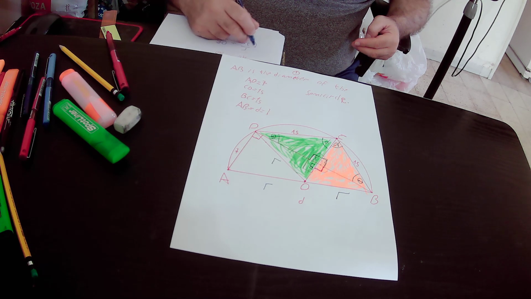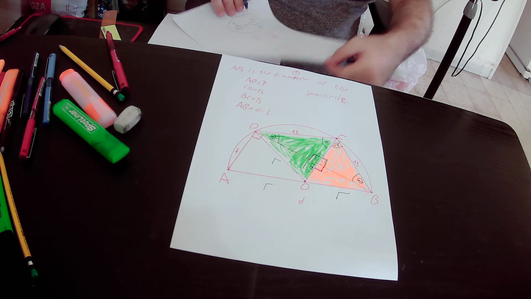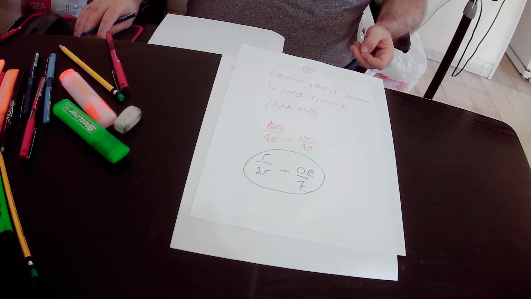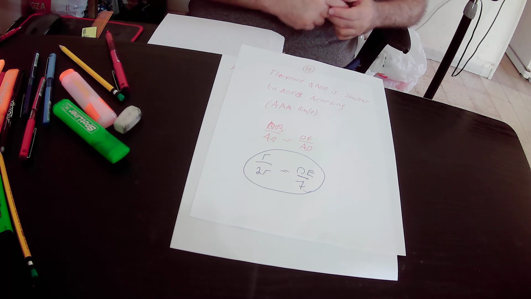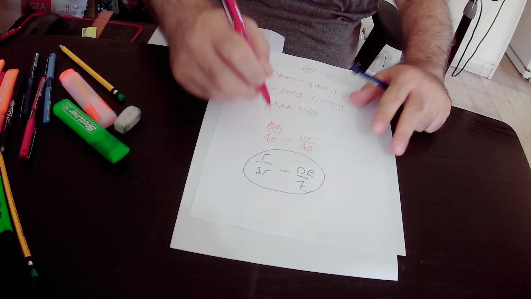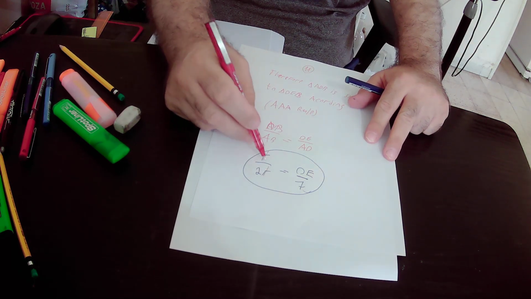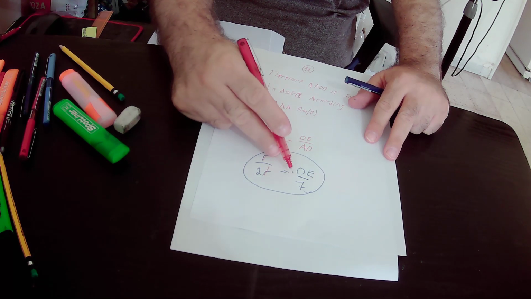So in total we got the equality that states R over 2R equals OE over 7. R over R is 1, so R is cancelled. So in total we will get 1 over 2 equals OE over 7.